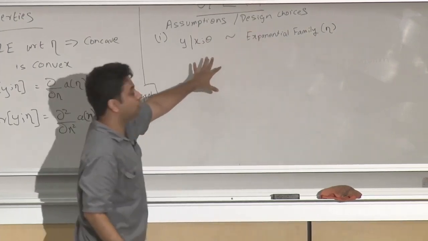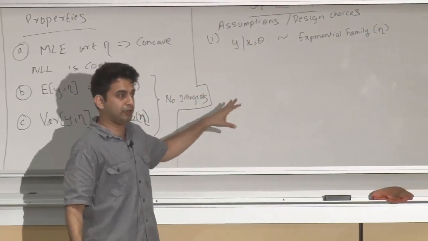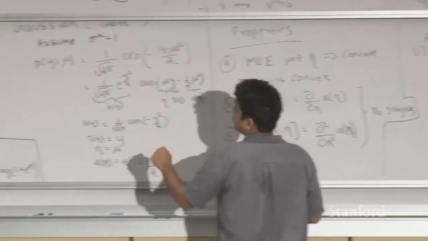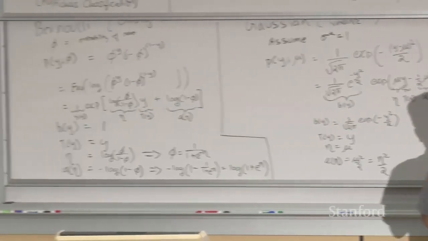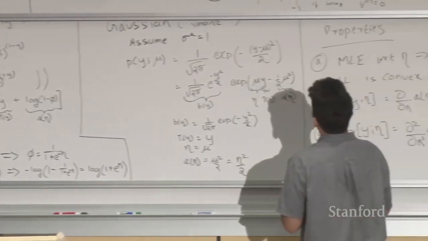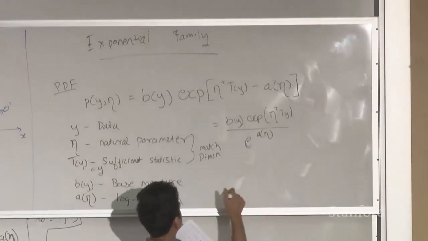In the particular scenario that you have, it could take on any one of these distributions. We only talked about the Bernoulli and Gaussian. There are also other distributions that are part of the exponential family. For example, I forgot to mention this.